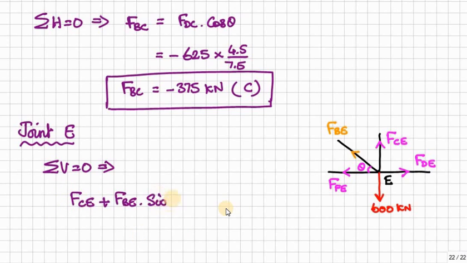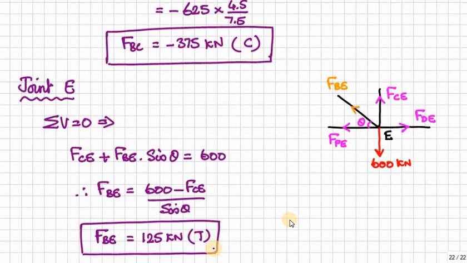So all vertical forces we have to group: F_CE vertical force upward, and the vertical component of F_BE is also upward. So group on one side, and the 500 kilonewton is acting downward. Therefore F_BE is equal to 125 kilonewton tension.